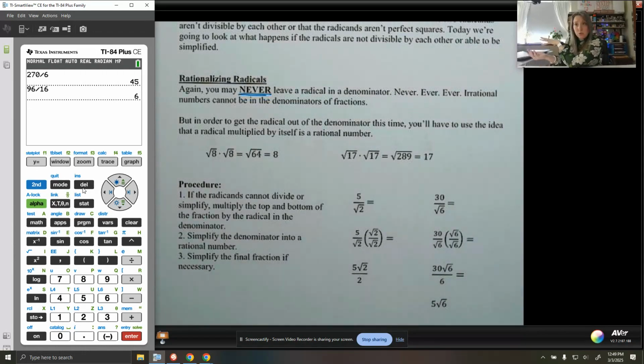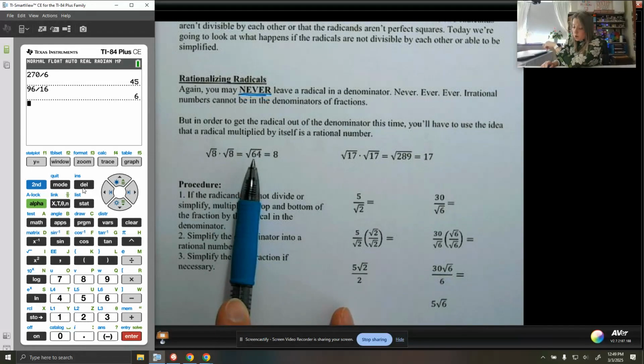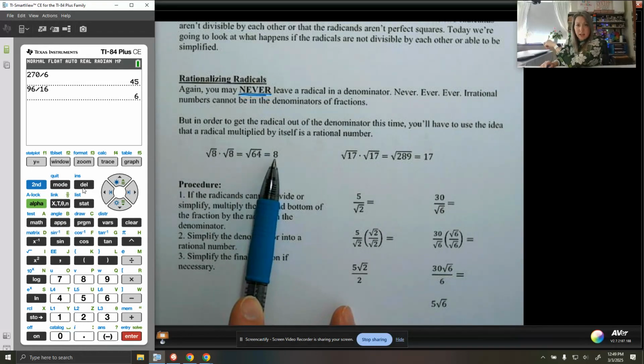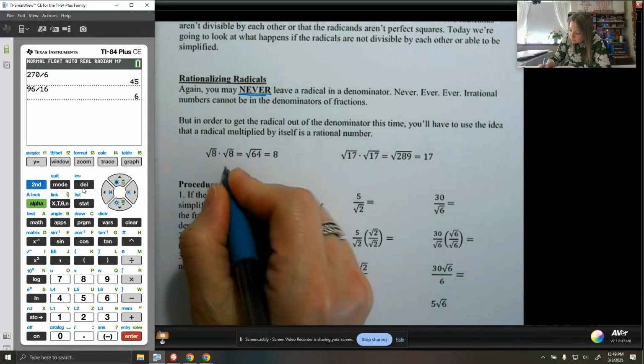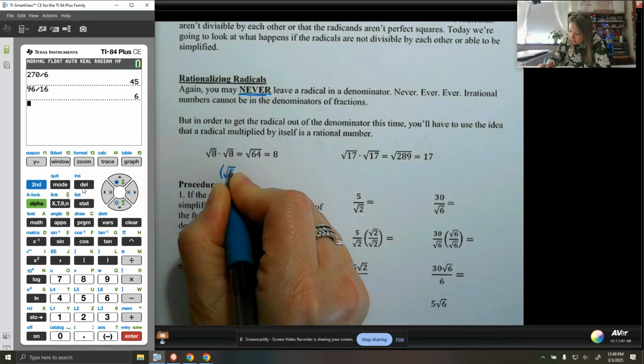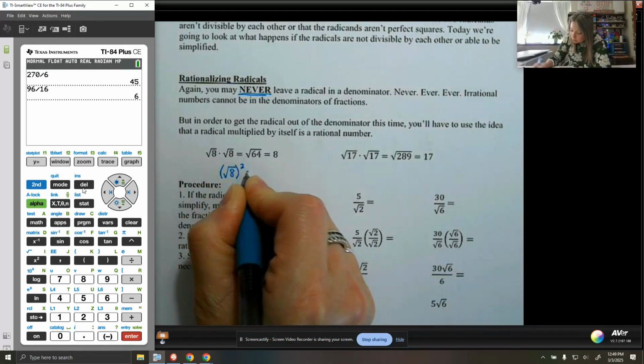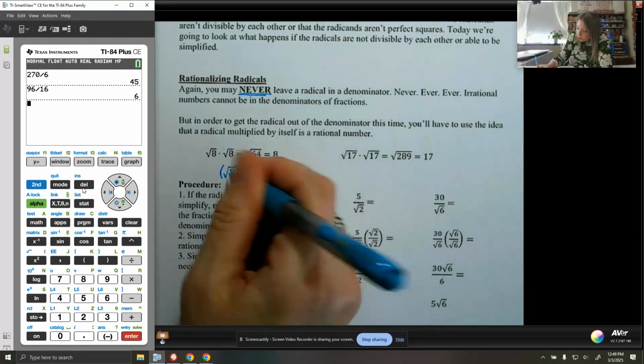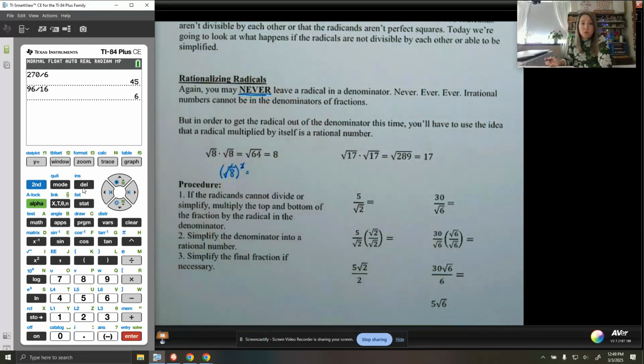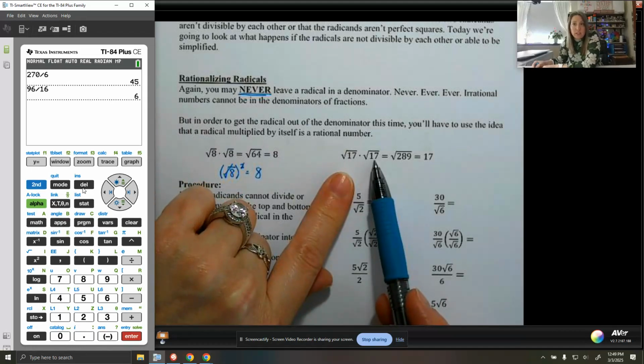So I did 2 examples right here. Radical 8 times radical 8 is radical 64, and the square root of 64 is 8. So essentially, since I'm taking radical 8 and multiplying it by itself, the radical and the squaring cancel out, and my actual answer is that the radicand came out of the radical. Notice I'm doing the same thing over here with radical 17.